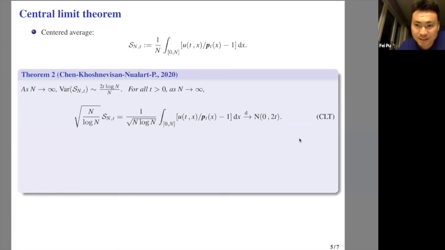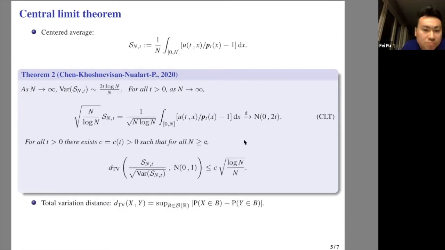Furthermore, for this CLT, we can also compute the convergence rate. We look at the total variation distance between the normalization and the standard Gaussian distribution. Here, S_{n,t} divided by the square root of the variance of S_{n,t} is the normalization, and d_TV denotes the total variation distance.